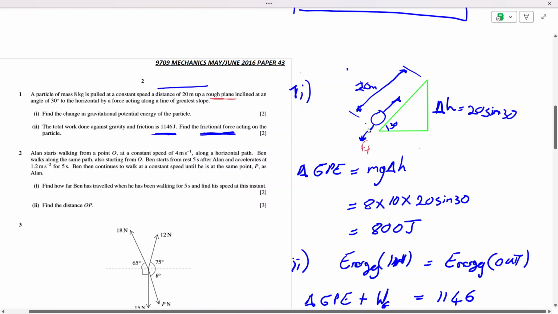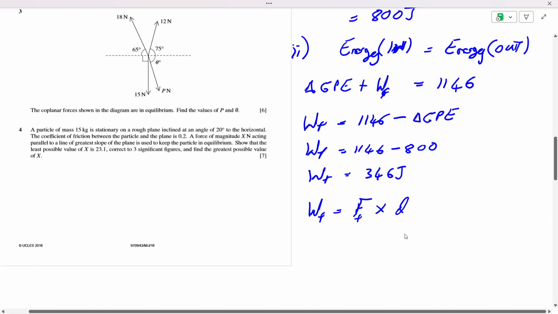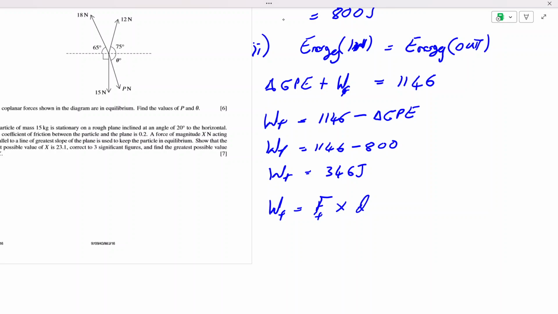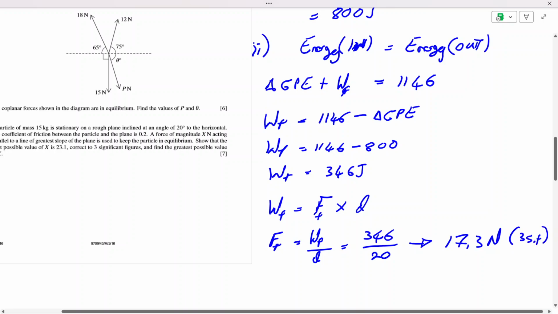So friction is going to be WF over D. Substitute those values, which is 346 over the value for D, which is 20 meters. And then I'm going to get 17.3 newtons to three significant figures.